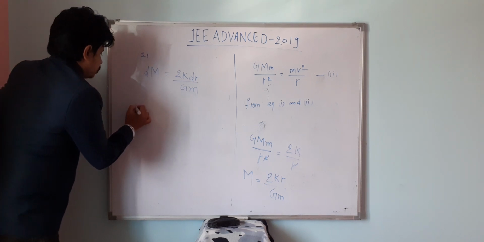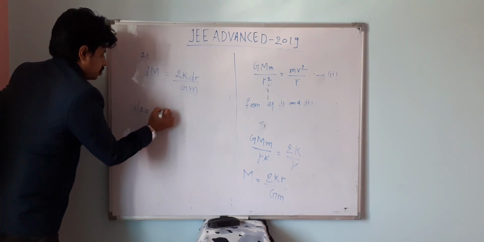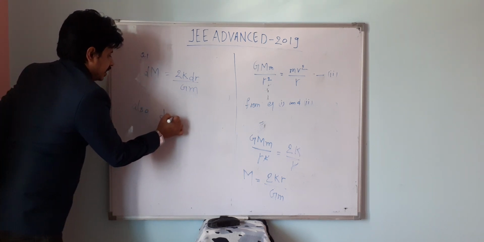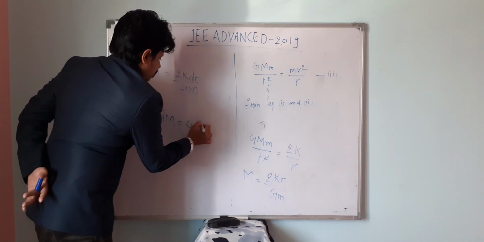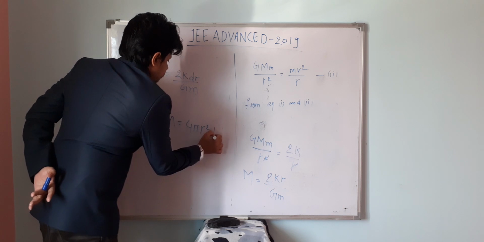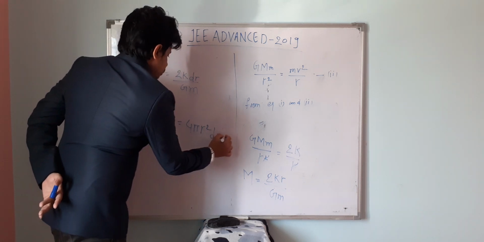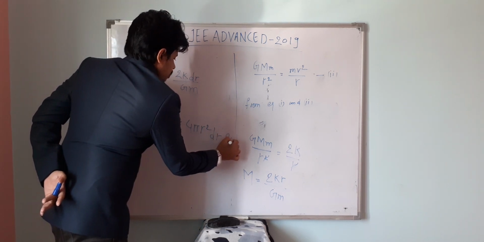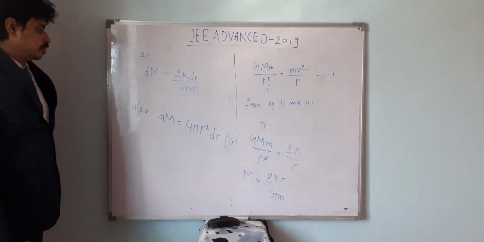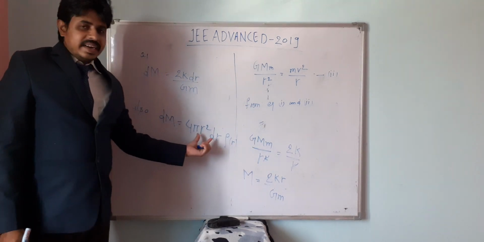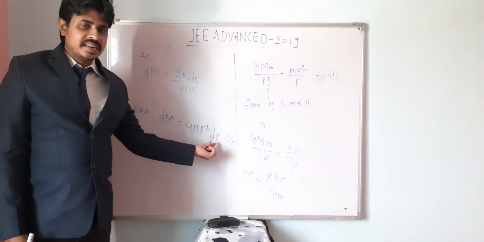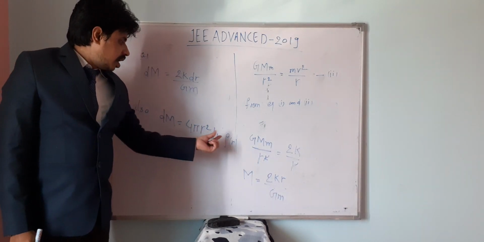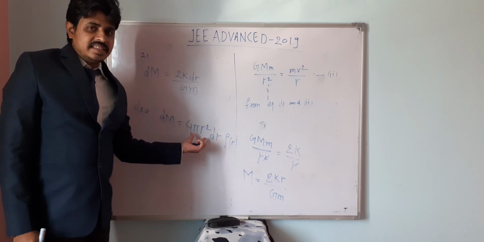Also, dM can be written as 4 pi r square dr into rho as a function of r. 4 pi r square dr is the volume of a thin spherical shell of thickness dr at a distance r, and the volume multiplied by density is the mass.